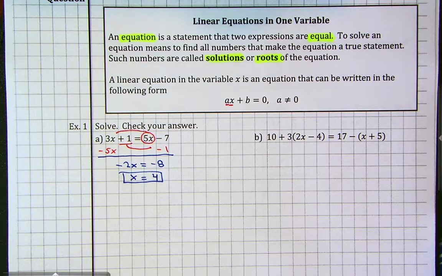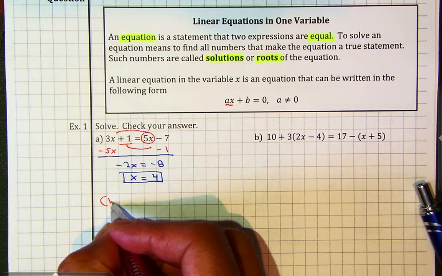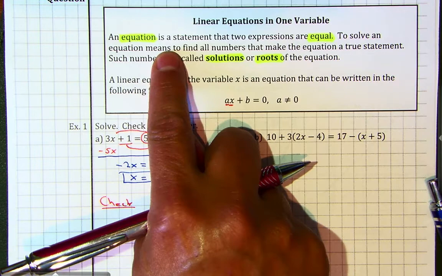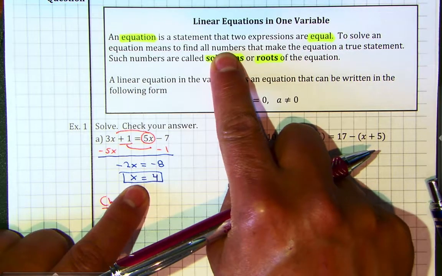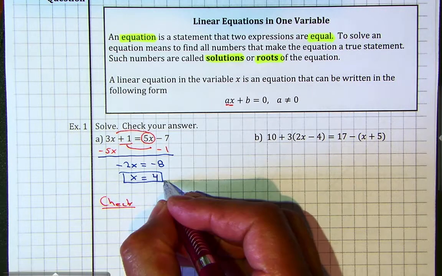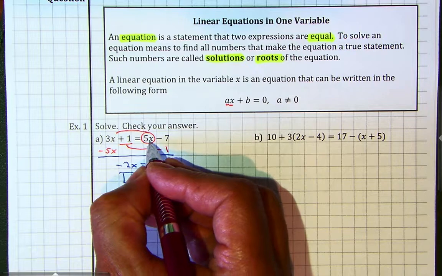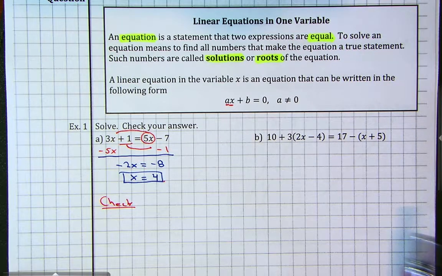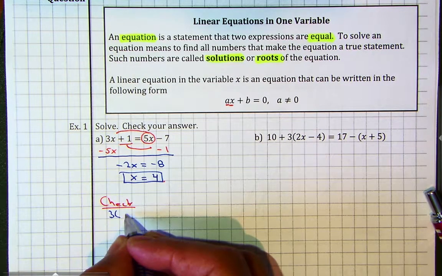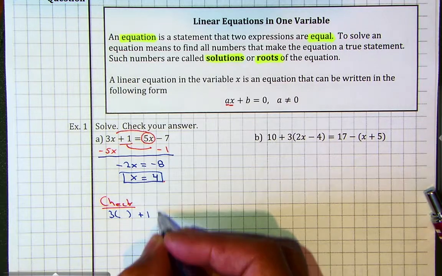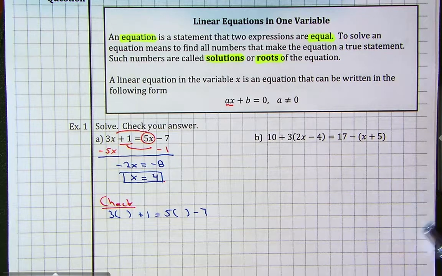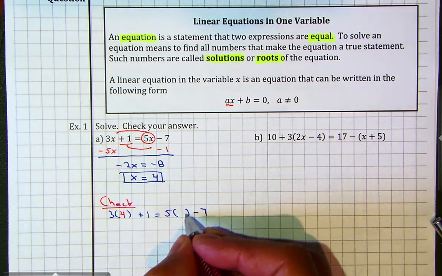And now I need to check my solution. To solve an equation means to find all the numbers that make the equation a true statement. In this case, x equal to 4 is the only one number. So when I plug in a 4 instead of the x in the original equation, that should give me a true statement once I simplify it. I'm going to replace each of the x's with a 4.